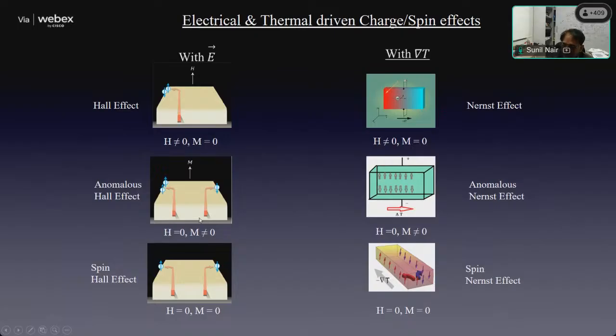So in this case, when the magnetization is non-zero and I pass an electric current through this solid, I actually don't even need to apply an external magnetic field. I still get a Hall effect. In the absence of an externally applied magnetic field, I can get a Hall effect, and that is known as the anomalous Hall effect. To first approximation it is directly proportional to the extent of magnetization.